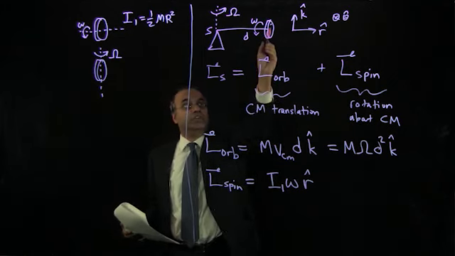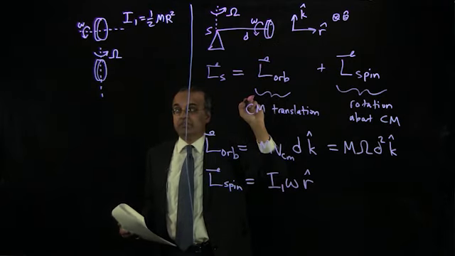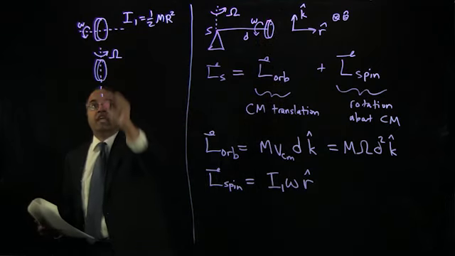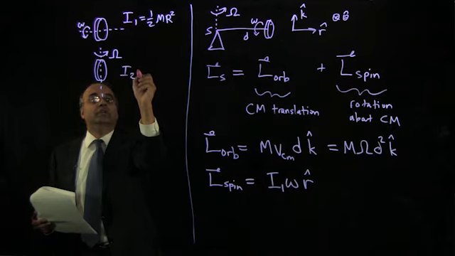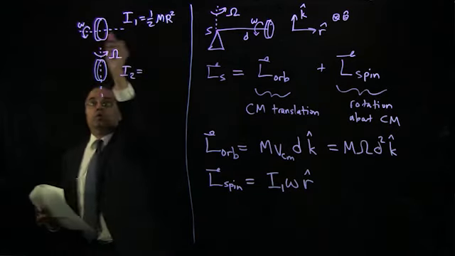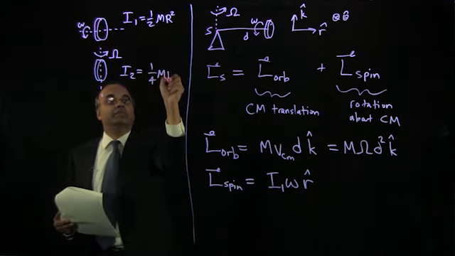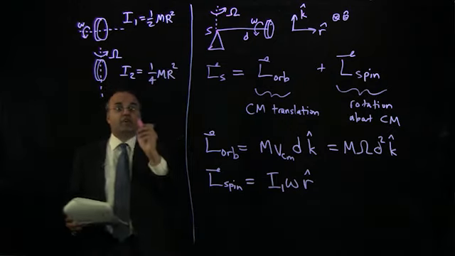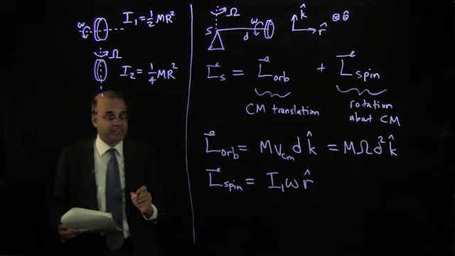In this case, this face is always pointing outward, radially away from the pivot point. And that results in a rotation around this diameter. Now, it turns out that moment of inertia, which I'll call I2, happens to be half the moment of inertia for this axis. So in this case, it's 1/4 m r squared. So that is another kind of rotation that's happening about the center of mass.